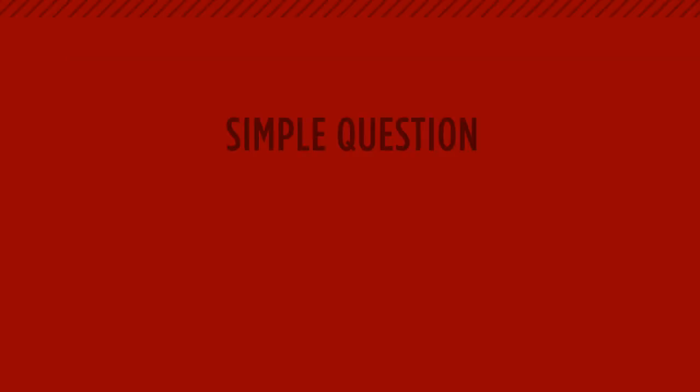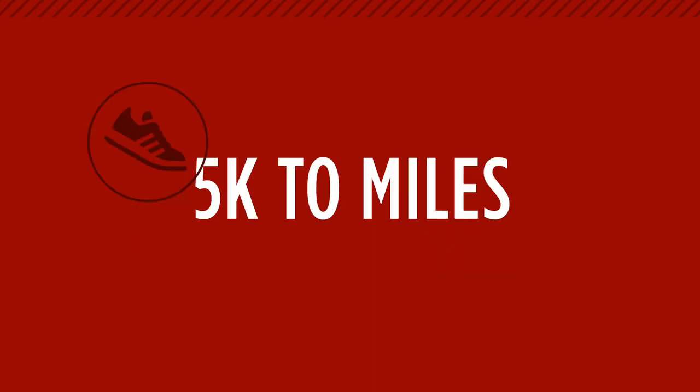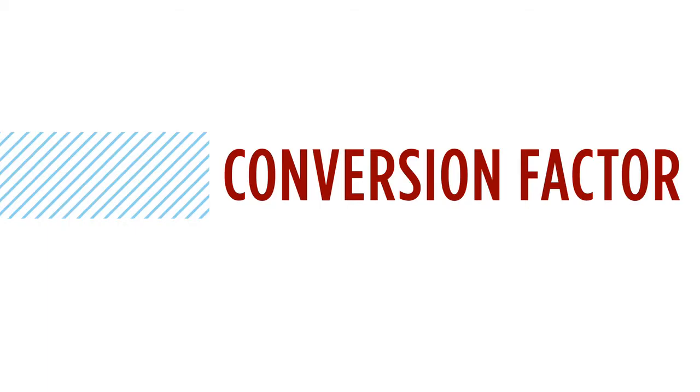If we think about a simple question, how many miles would you run once you completed a 5K race? Remember that a 5K race is actually 5 kilometers. So what we're going to need to do is to convert from 5 kilometers to miles. So therefore we're going to need a conversion factor. Conversion factor, 1 mile is equal to 1.6093 kilometers.